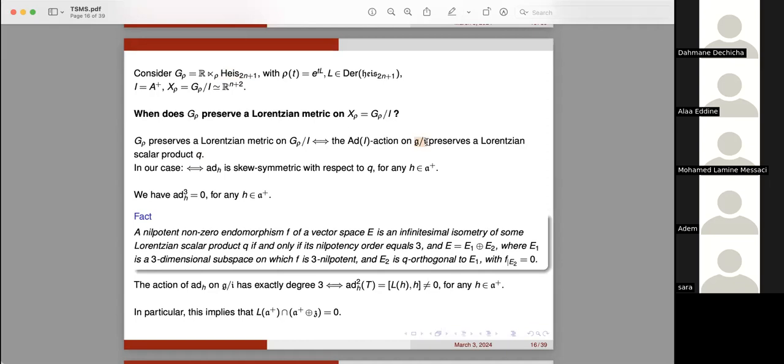Okay, so if I have a Lorentzian scalar product Q on this quotient, which is preserved by the adjoint action of I, I can translate Q on the whole X by the left action of J. And since the right action of I preserves this quadratic form, it will be well defined on the quotient.